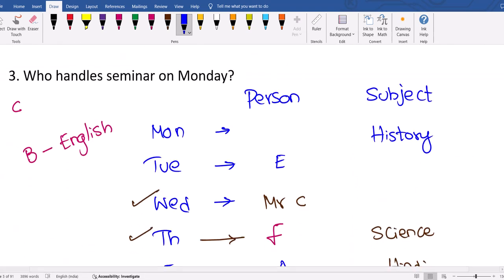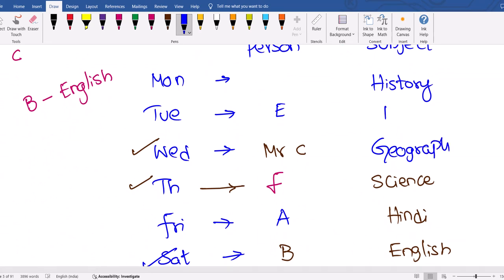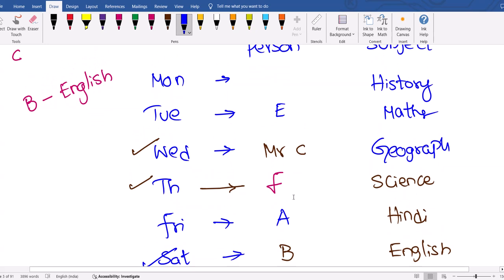So geography should be for C. Geography for C. So maths is for E. And who is handling history? We have A, B, C, D, E, F. A, B, C, E, so the remaining one is D. So who is handling history is D. Who is handling geography? C.